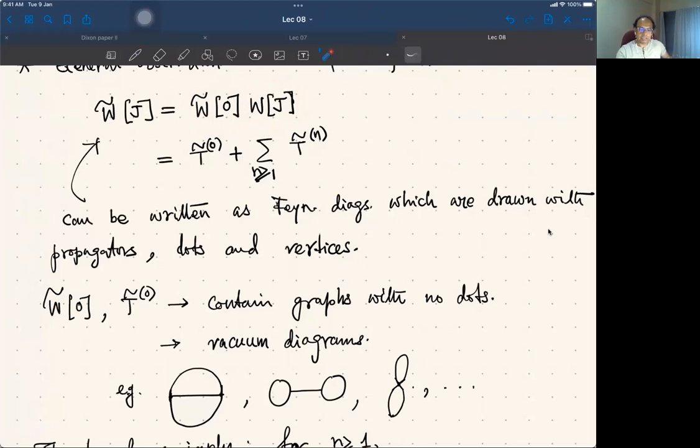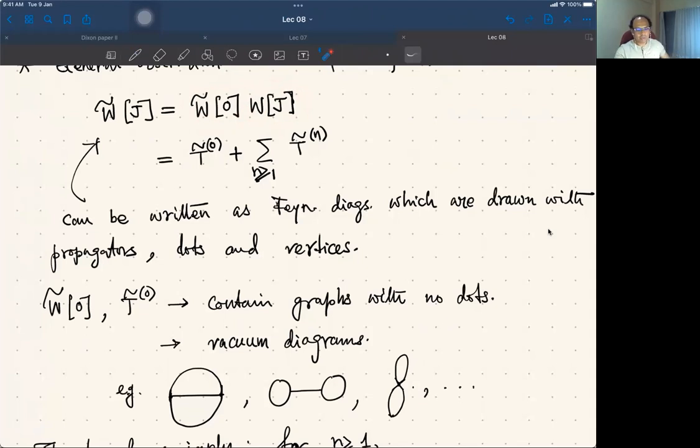This just shows us that the presence of disconnected diagrams, whatever I have just shown explicitly, is partially in the context of factors of vacuum and non-vacuum.